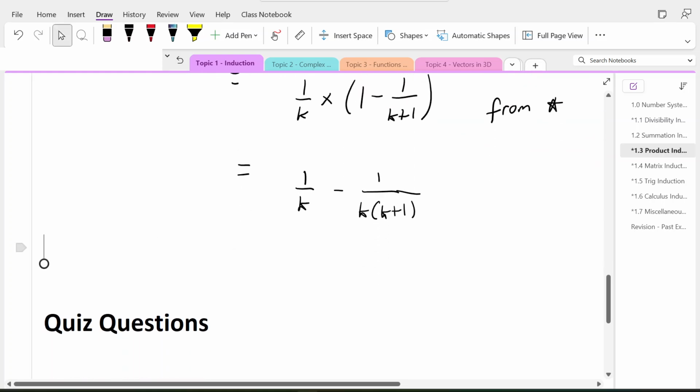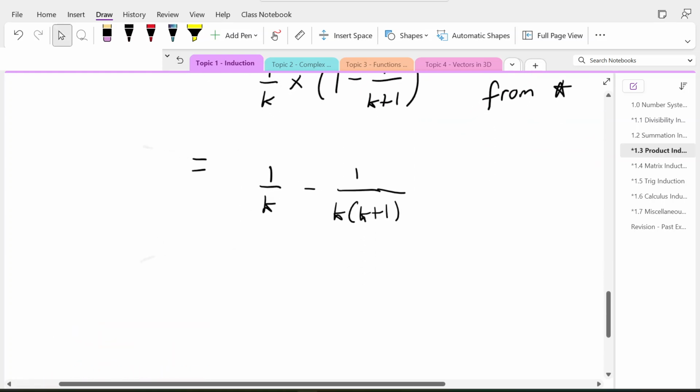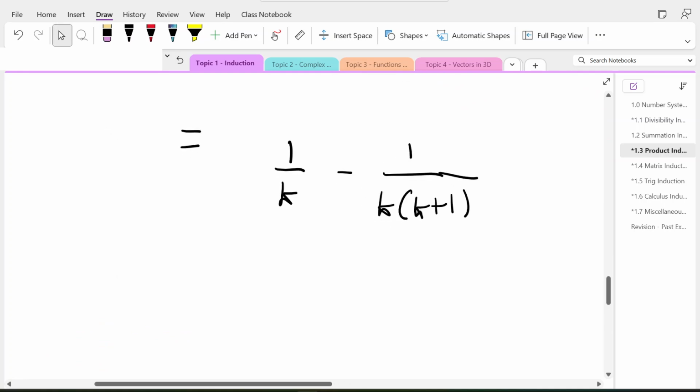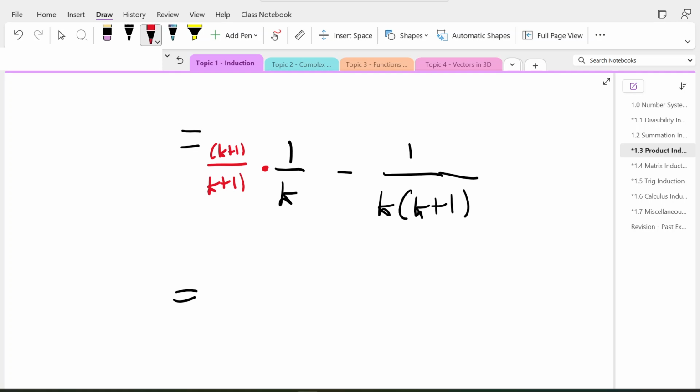Alrighty. Now, generally what we'll do is we like to have a common denominator when we have fractions. So the same thing on the bottom of both ones. I'm going to do something called cross-multiplying on this. And that means that for this one, I'm going to be timesing it by k plus 1 over k plus 1, just like that.